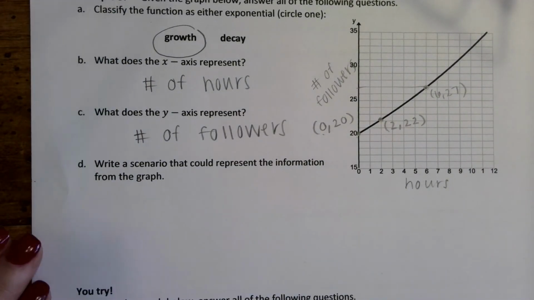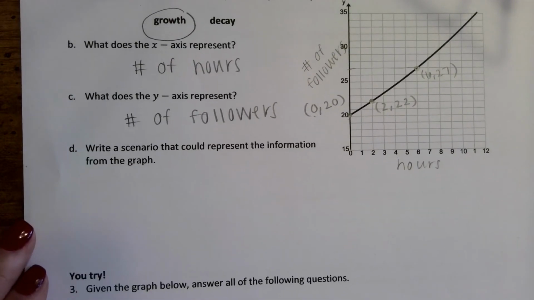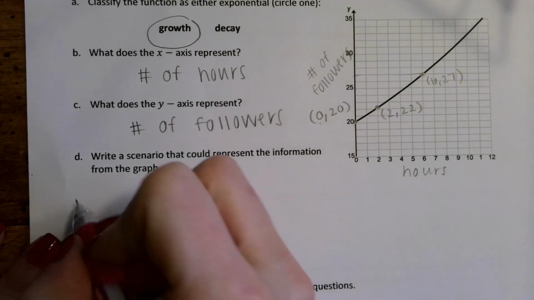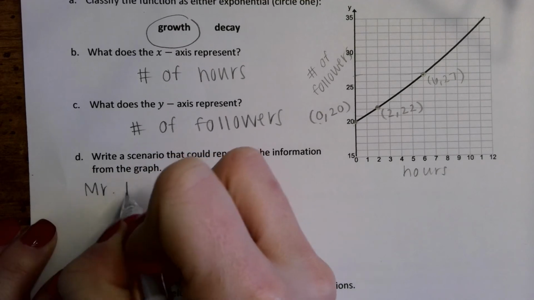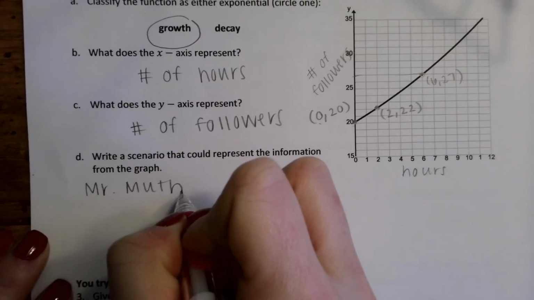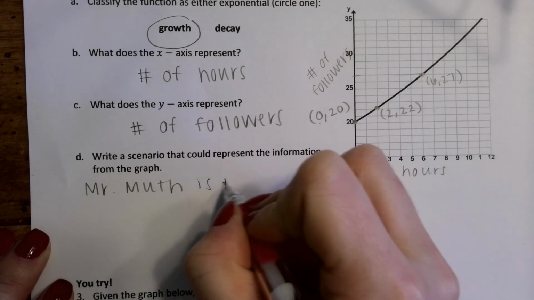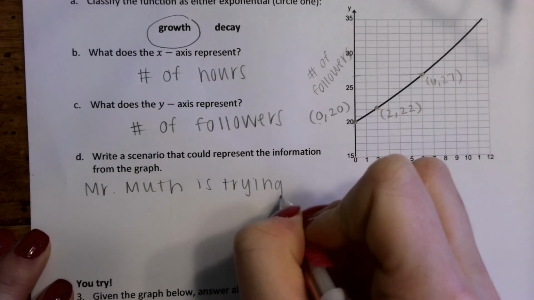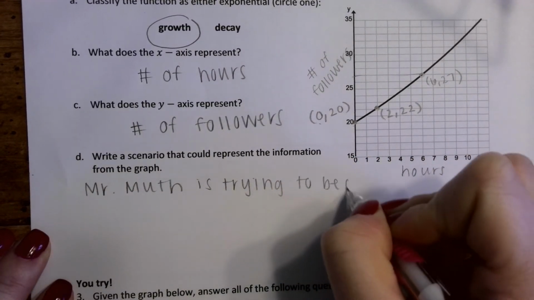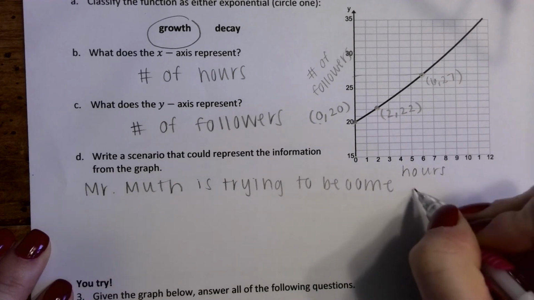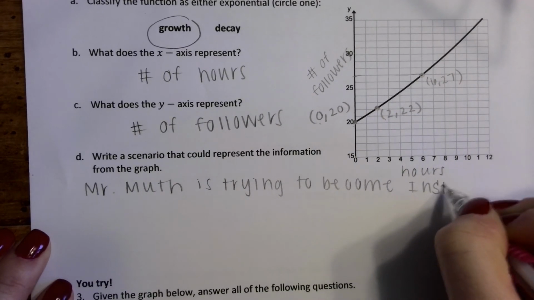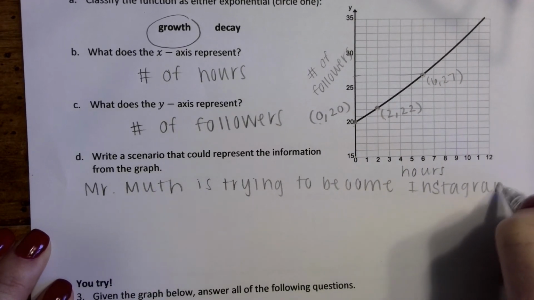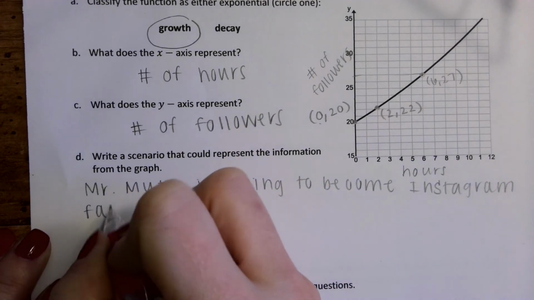So first thing I do when I'm writing this scenario, I'm just going to put in context what I'm talking about. So we're going to say Mr. Muth is trying to become Instagram famous.